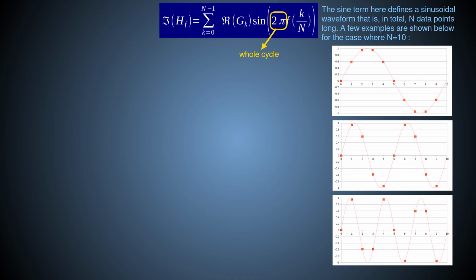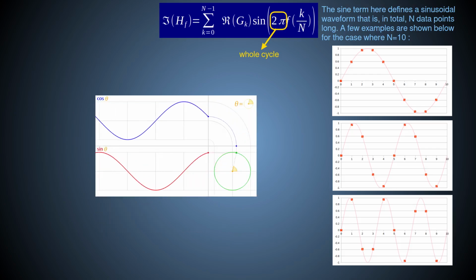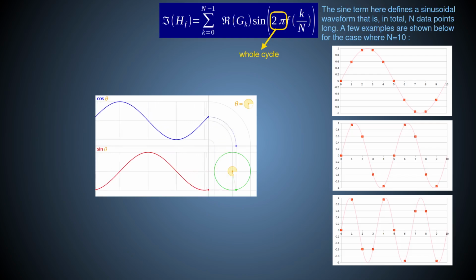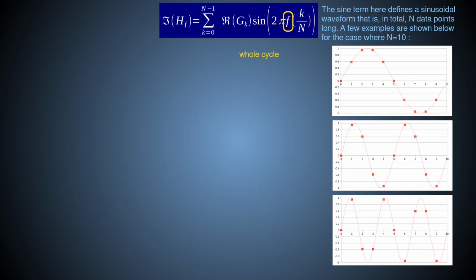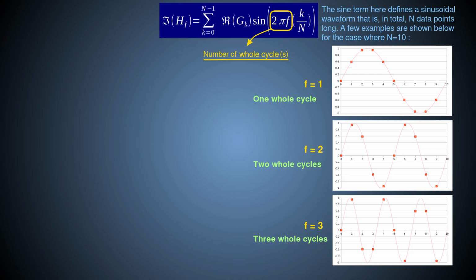This 2π bit means whole cycle, because one whole cycle of either a sine or cosine wave will be generated over an angle sweep of 0 to 2π, as illustrated in this animation. The frequency f determines the number of those whole cycles contained in the entire N data point long waveform. So the values of f in the example sine waveform shown on the right are f equals 1, f equals 2, and f equals 3.